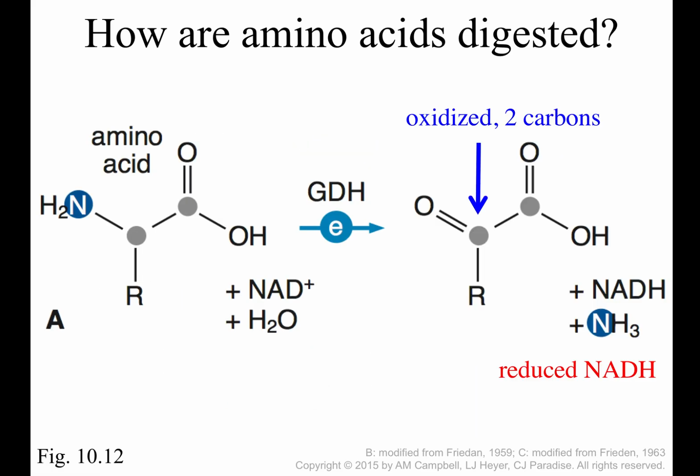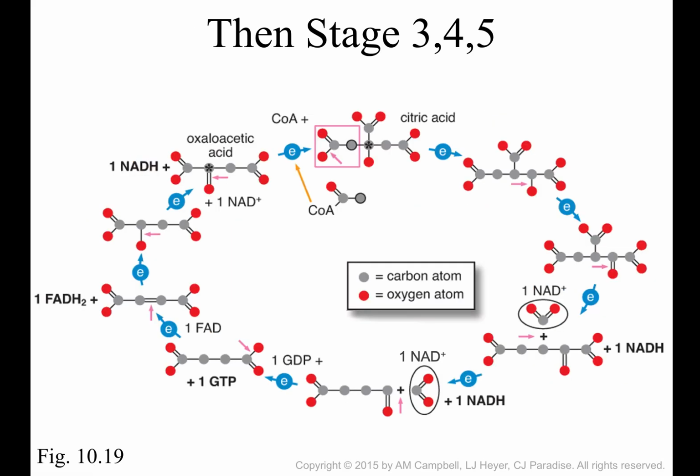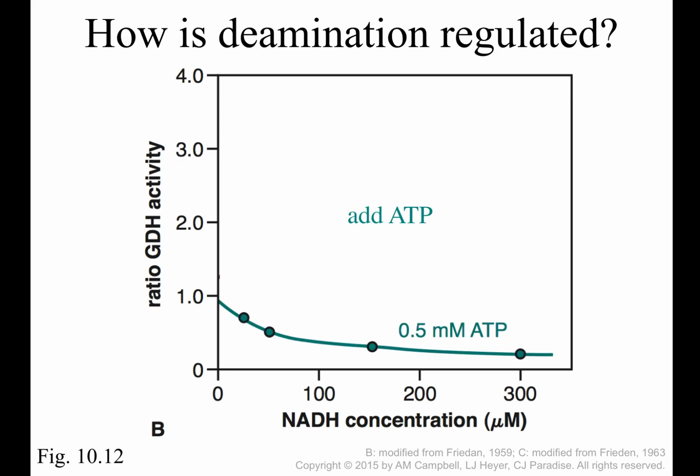Let's go back to this. So this reaction, GDH produces the 2-carbon intermediate, which goes into stage 3, and also produces some NADH, just like we saw in stage 2 of carbohydrate breakdown. So if we add ATP, we don't get much NADH produced, the line is pretty flat.